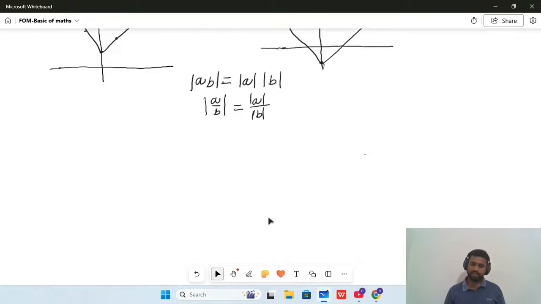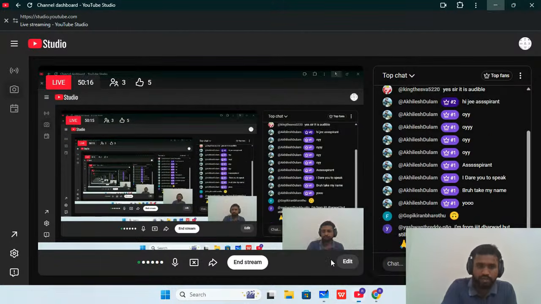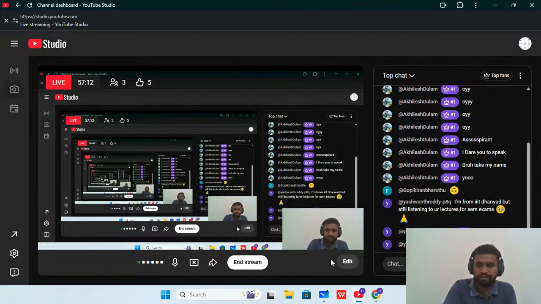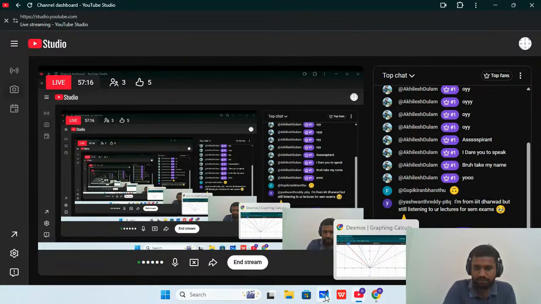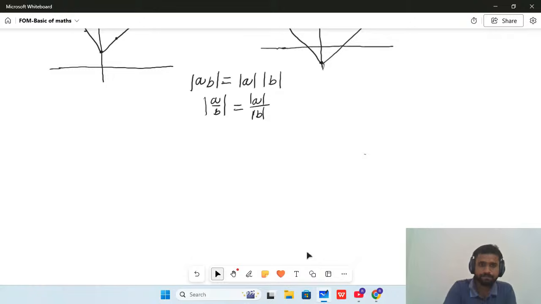We have 7 types of modulus inequalities. At least I'll try to complete two in today's class. Yes, we have time. So totally we have 7 types of modulus inequalities, and we will see them in 7 types.